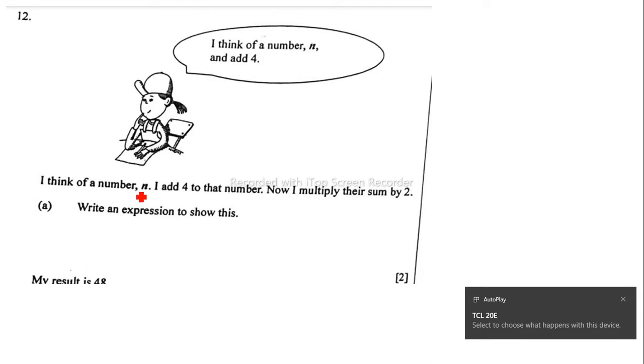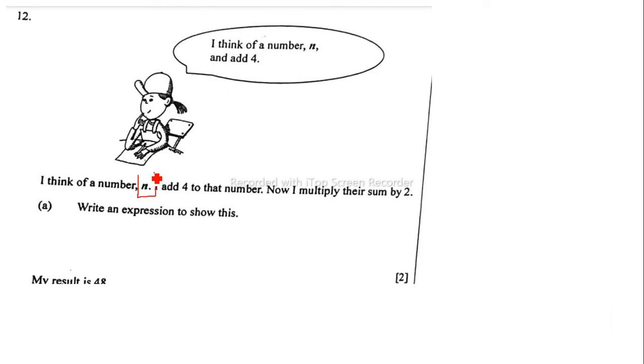So I think of a number, call it n. So this is the number I'm thinking about, n, right? I don't know what the number is. At least I don't want to tell you what the number is. So I say, let's say it's n. Then what am I going to add to it? 4. 4, very good. Now they say something very important. They say, now I multiply their sum. So that means the whole thing.